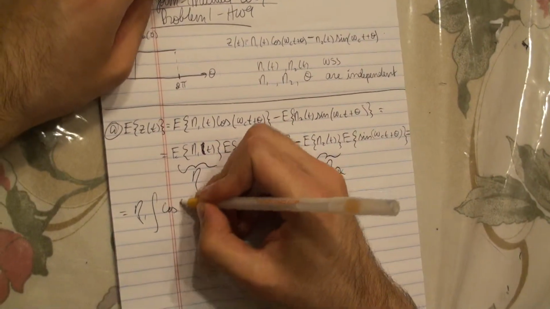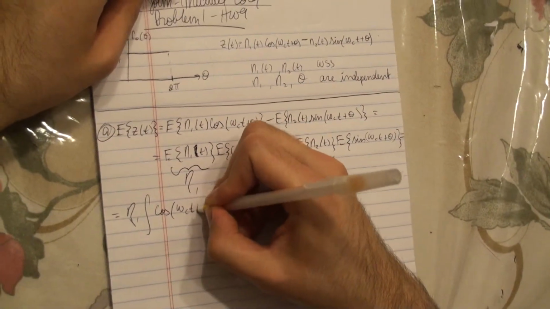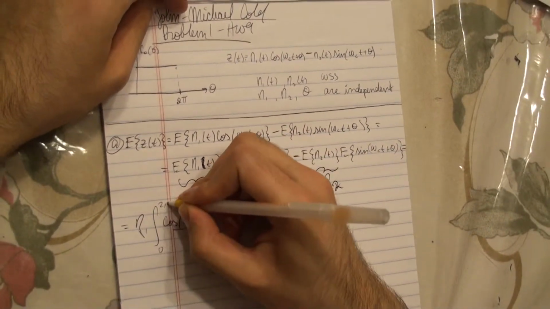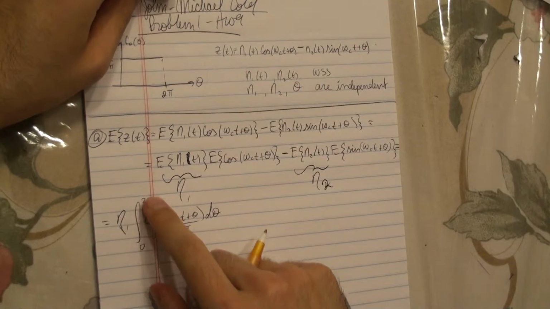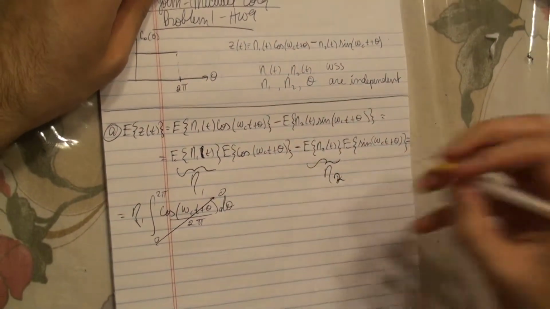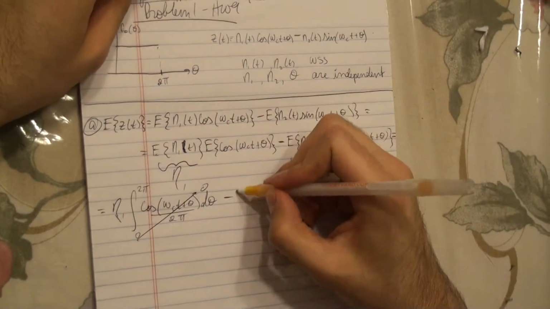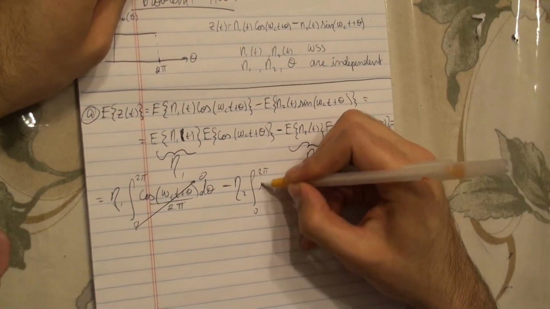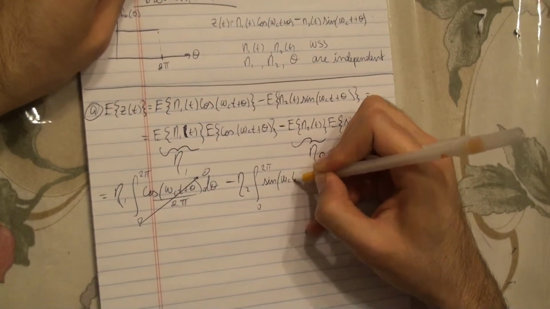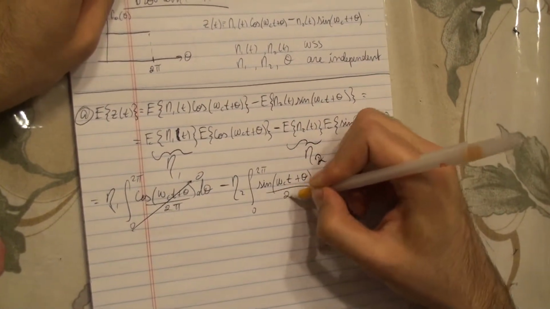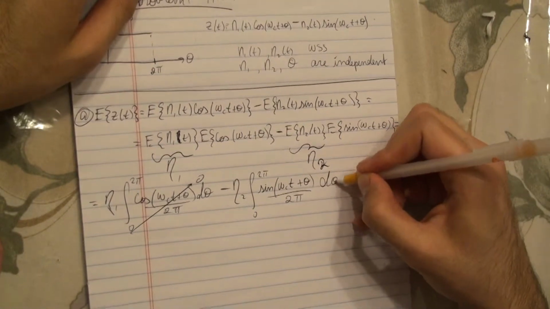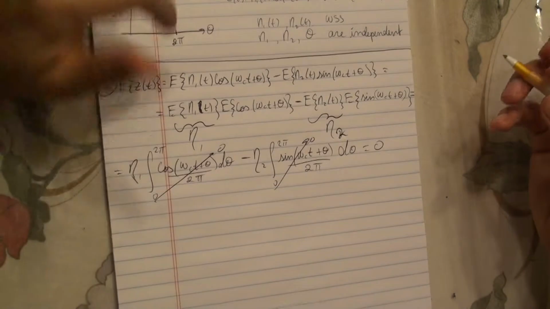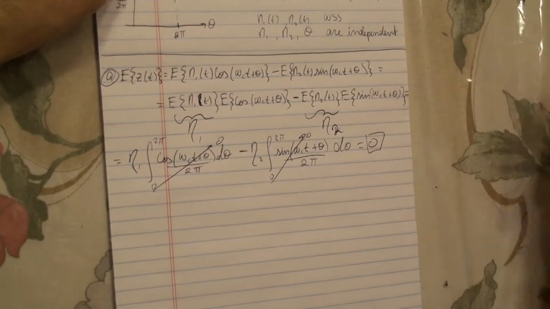So it's cosine omega ct plus theta over 2 pi d theta integrated between 0 and 2 pi. It's a sinusoid integrated over 0 to 2 pi. This goes to 0. Similarly, in the second term, we have eta 2 integral 0 to 2 pi of sine omega ct plus theta over 2 pi, same reason, d theta, and this also goes to 0 for the same reason. So in the end, we get that the expected value of zt is equal to 0.